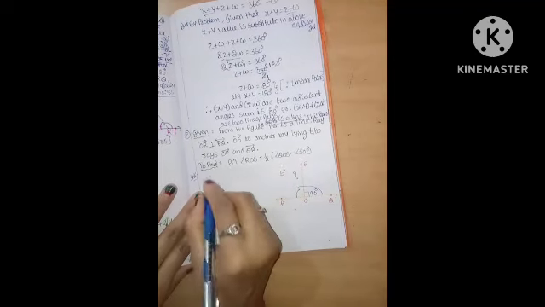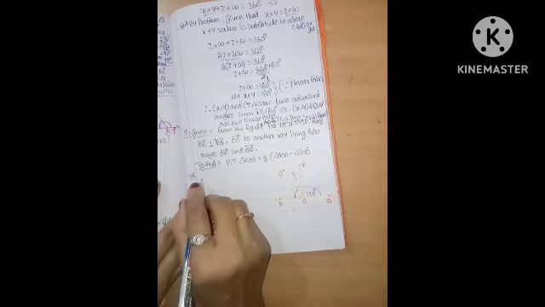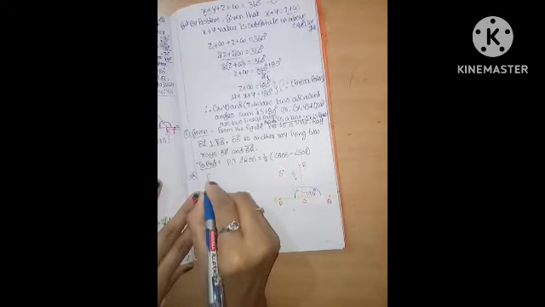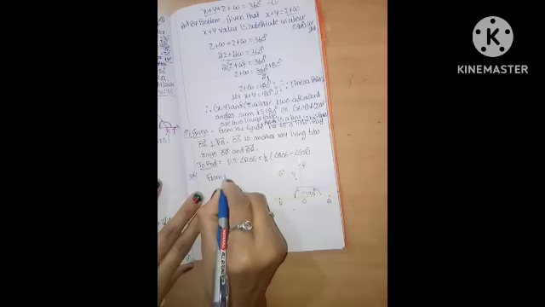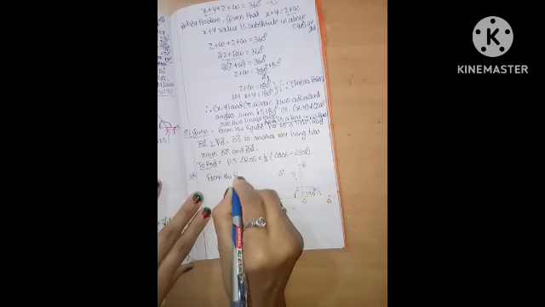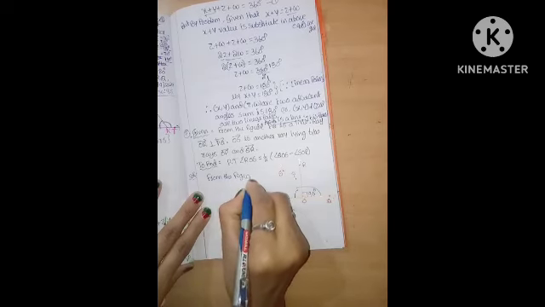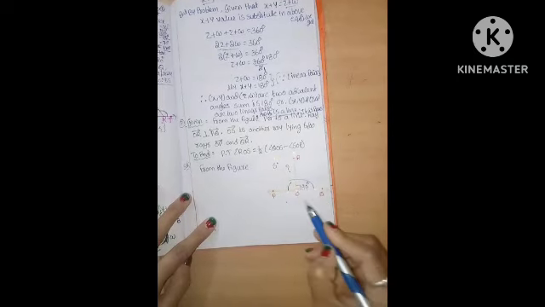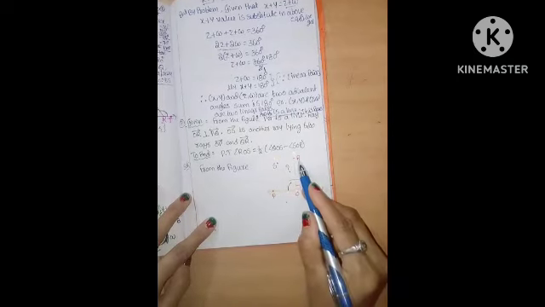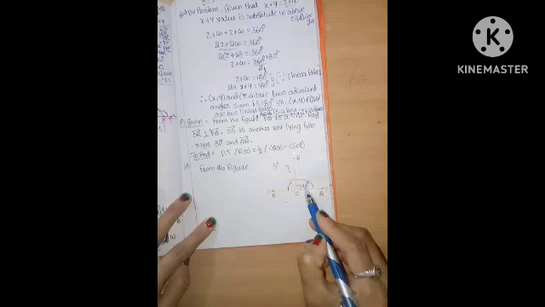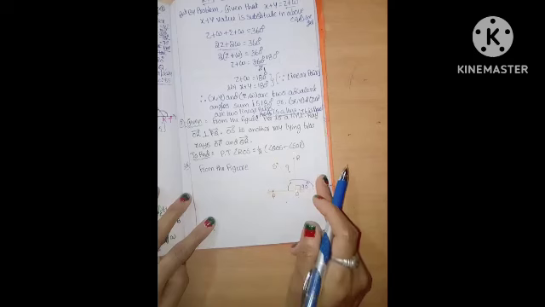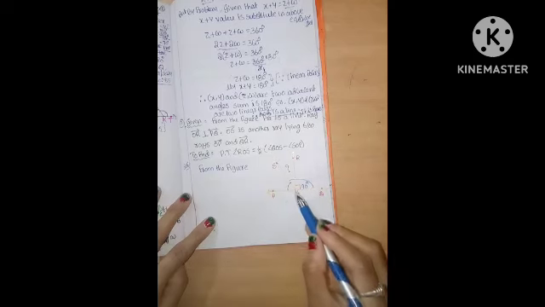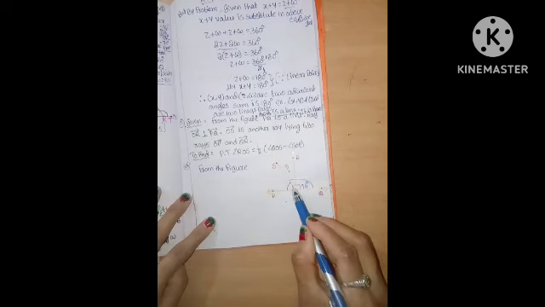Let us see the solution for this problem. Write it one by one. From the figure, angle ROQ is equal to 90 degrees, given. So this is the right side part, and the left side part is also 90 degrees. Why?